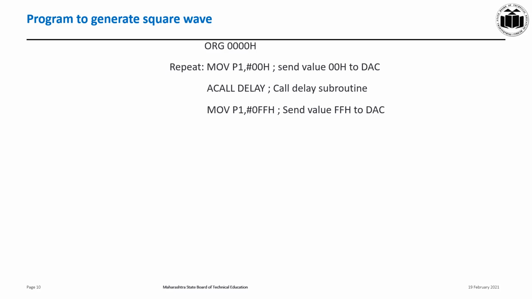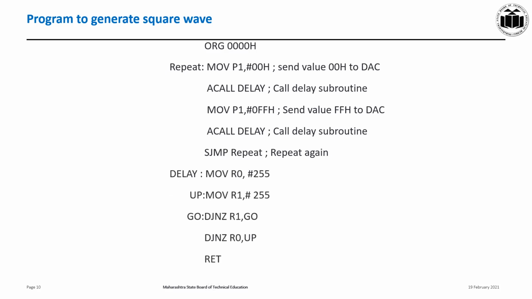As all the digital inputs of DAC are logic high, the analog voltage output of DAC is 5 volts now. Again, a delay subroutine is called. As long as the delay subroutine is getting executed, the DAC analog output voltage is 5 volts. Once the delay subroutine execution gets over, the SJMP instruction repeats the whole process again to generate a continuous square waveform.